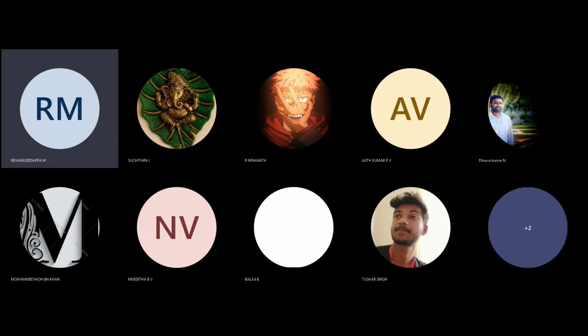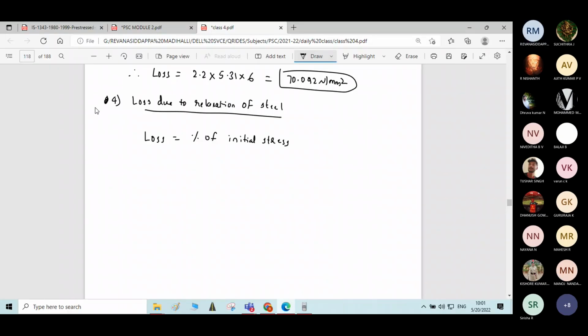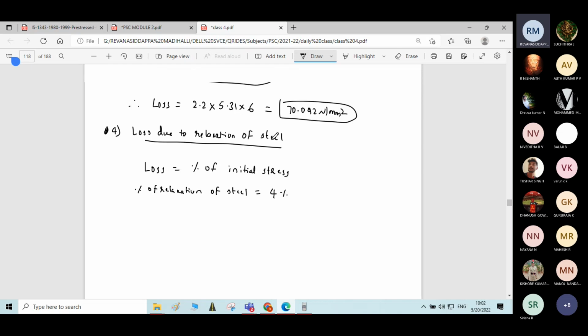It is given as 4%, correct? Relaxation of stress, percentage of relaxation of steel is given as 4%. Therefore, initial pre-stress is known. It is 500 Newton per mm square in the cable.